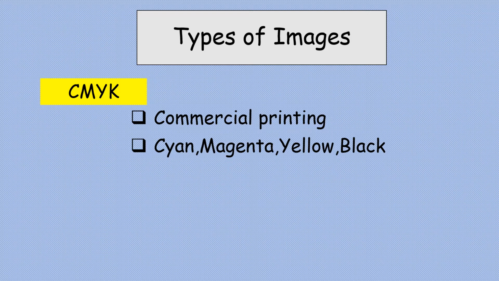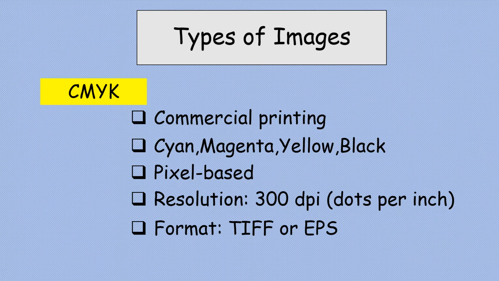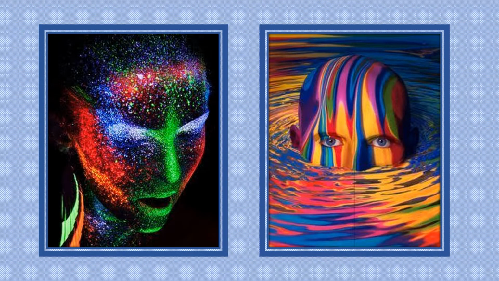CMYK images are also pixel-based, that is, 300 dpi in resolution, and have a file format of TIFF or EPS. Here are the examples of CMYK image type.